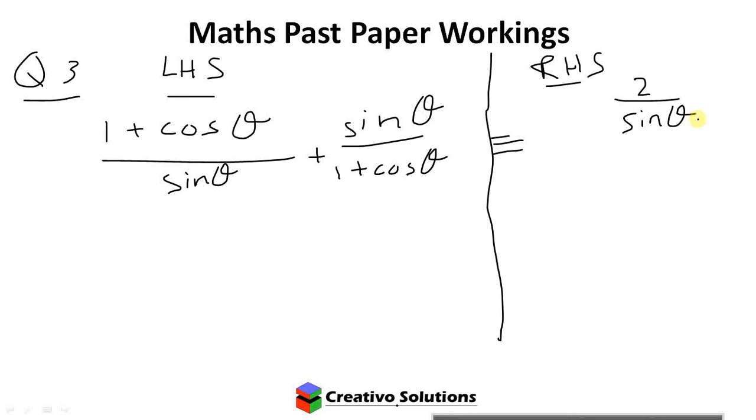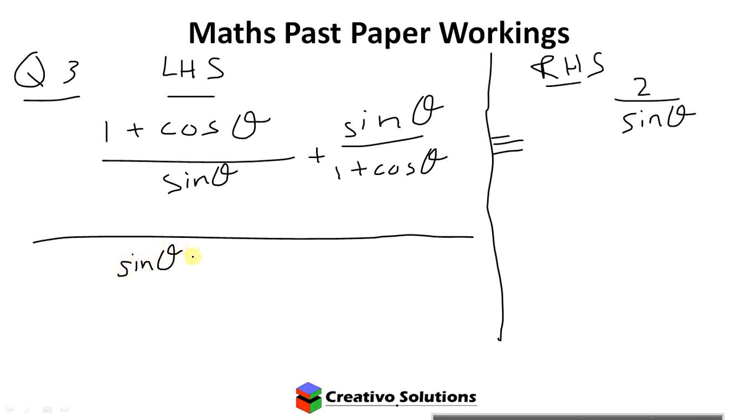So all you're going to do is play with the left-hand side in terms of sine and cos to get the same thing as the right-hand side. On the left I see sines and coses, and I see a denominator. So the first step is to get a common denominator.